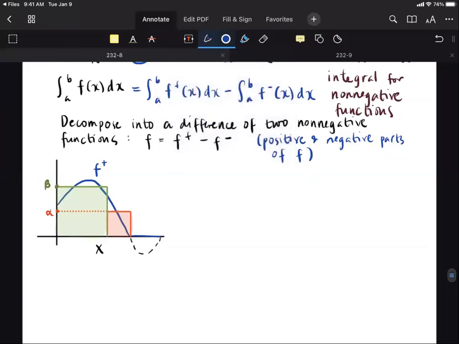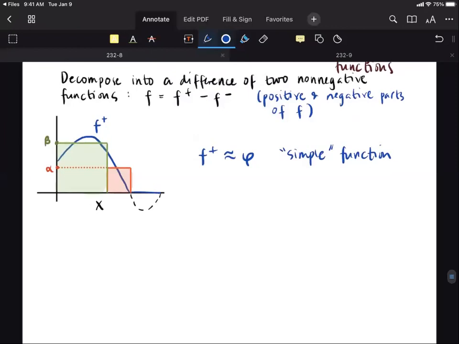So first, what we do is we approximate f by a simple function. We will define what a simple function is precisely later.